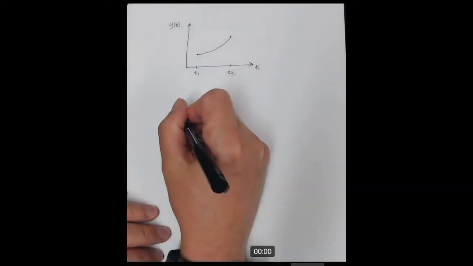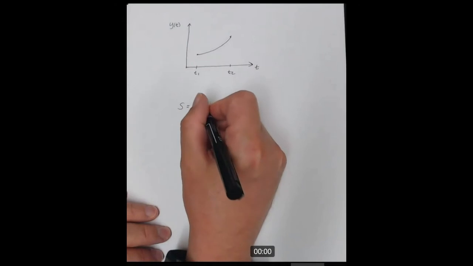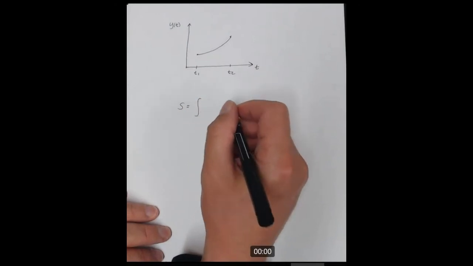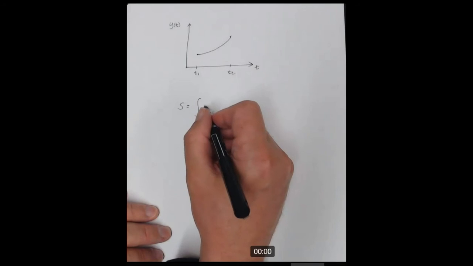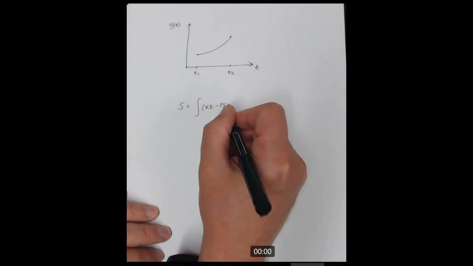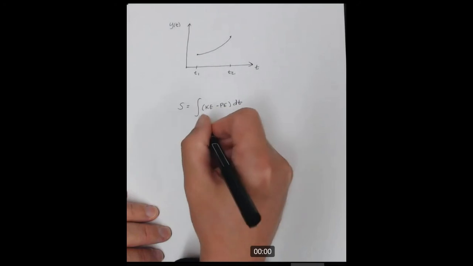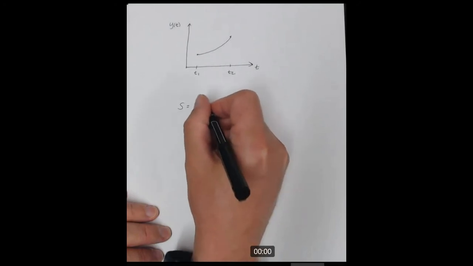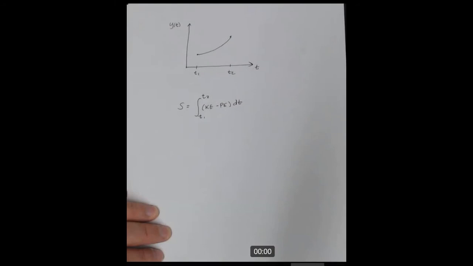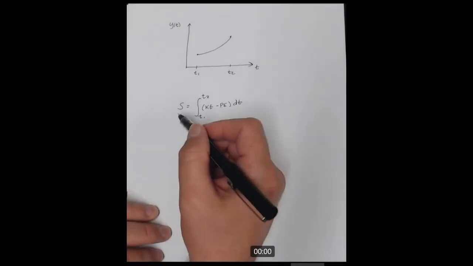So the action is going to be the sum over a bunch of infinitesimally small paths of the kinetic energy minus the potential energy. So we add them up, so we have an integration here. This is the action.